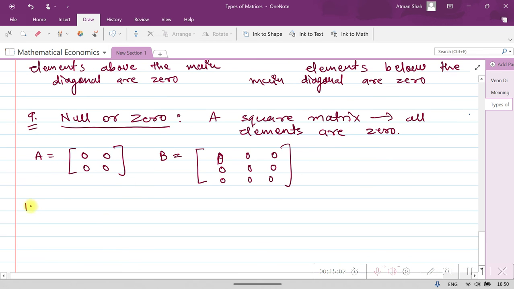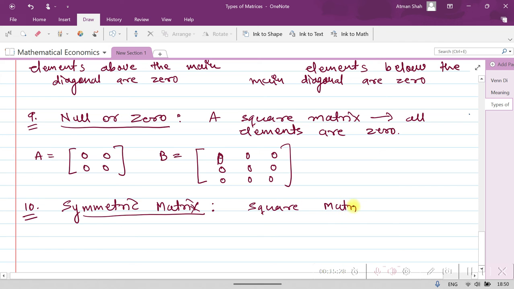Then we have matrix called symmetric matrix. Now what do we mean by symmetric matrix? Square matrix A is equal to Aij.